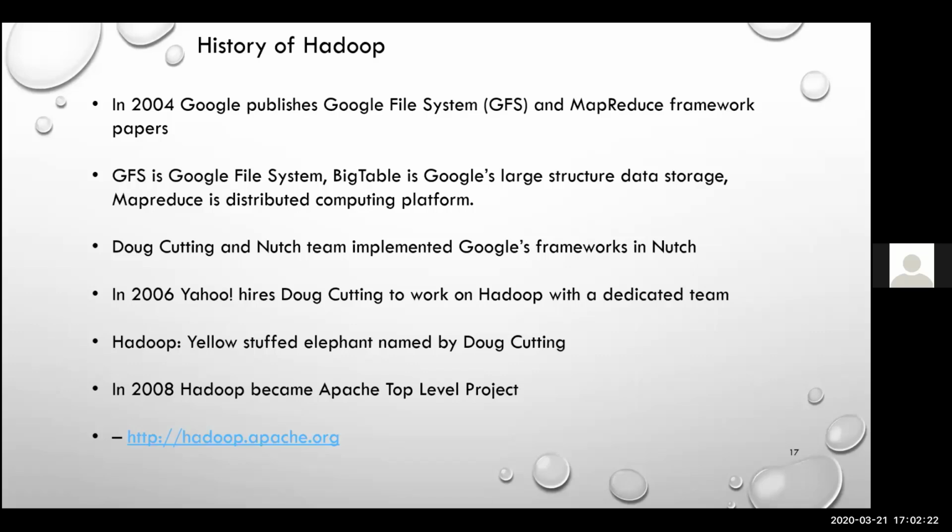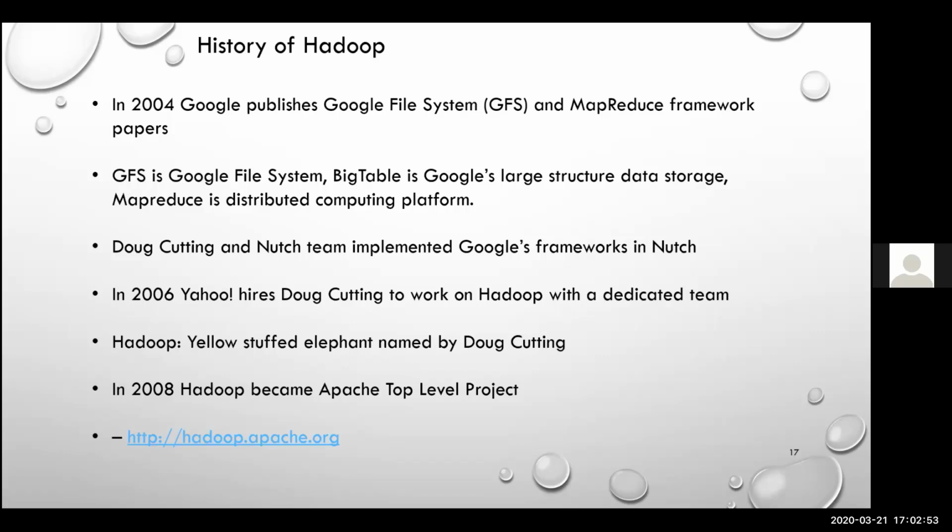Later, it was given to the Apache Foundation for further enhancement. A lot of people around the world are continuously contributing and updating the Hadoop repositories. And in 2008, Hadoop became Apache's top level project.